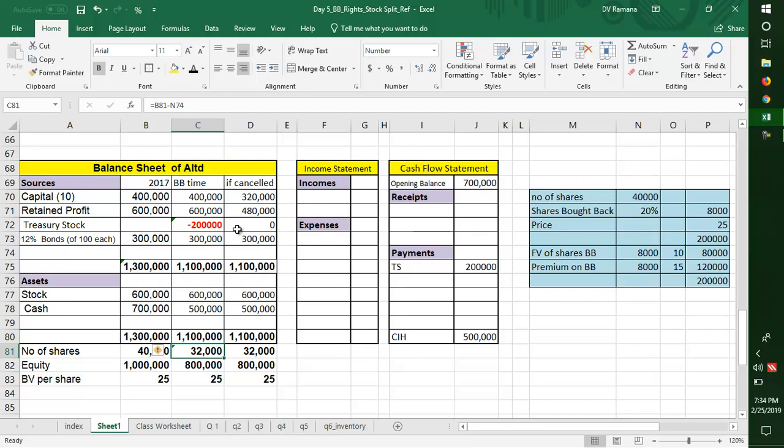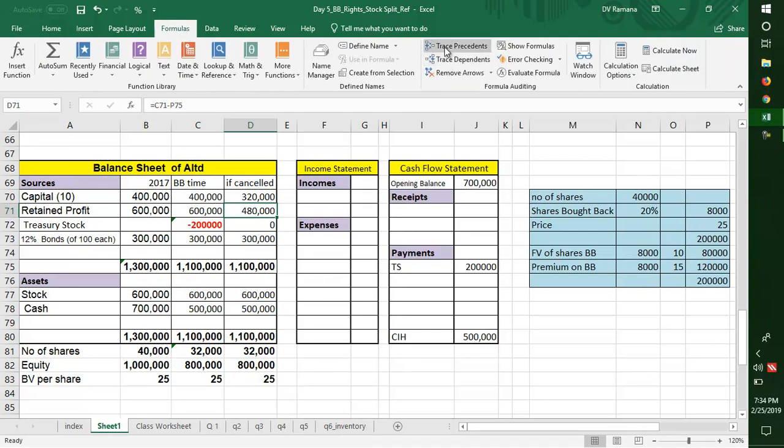But if it is cancelled, the capital will be reduced. Any excess money paid will be reduced from the share premium or from the retained profit if there is no share premium. In India, this treasury stock concept is slightly different because companies are not allowed to hold shares of their own on the balance sheet.